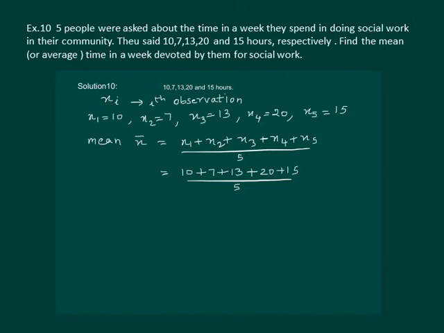Let us calculate: the sum of all the observations is 65. Divide by 5, which is equal to 13 hours. So the mean time spent by these 5 people in doing social work is 13 hours.